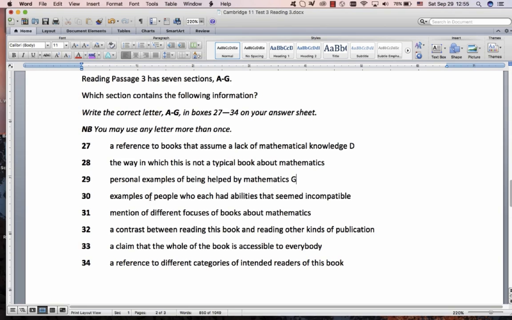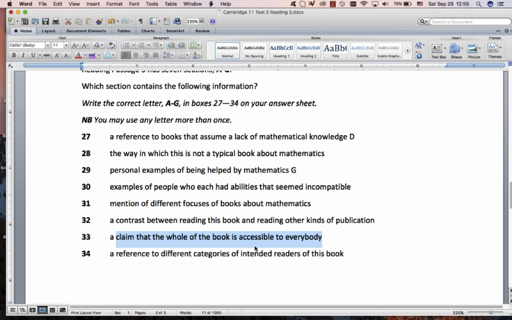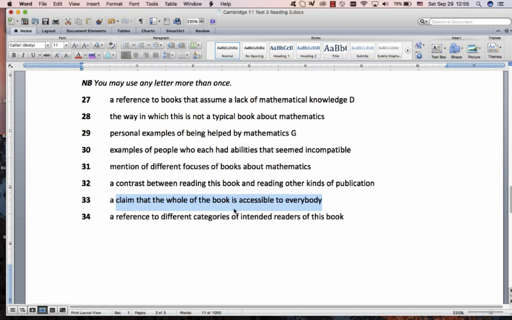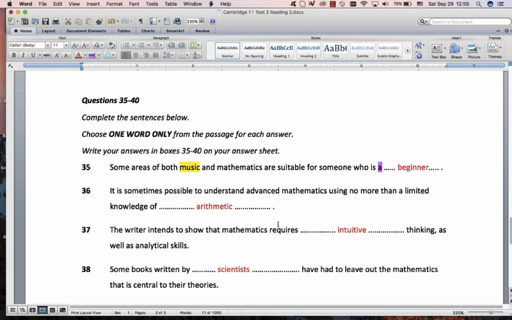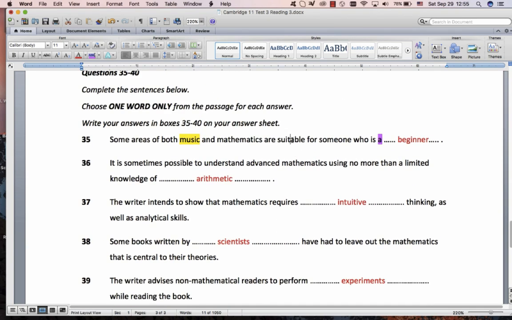Any others? Examples of people who had abilities? No. Mention of different focuses? Don't remember anything. Reading other kinds? No. The whole book is accessible to everybody. There's something quite similar to that. Can you remember anything? So if you go through these, accessible to everybody, there's a word.